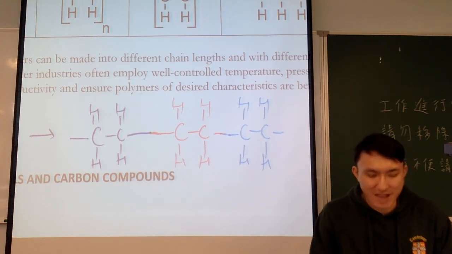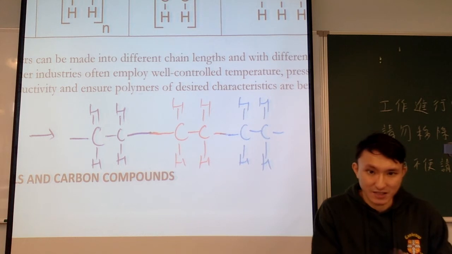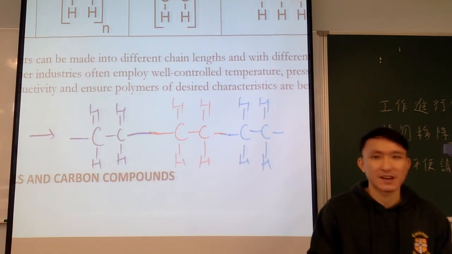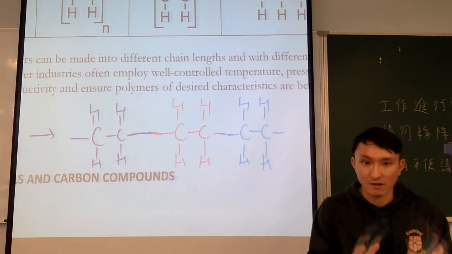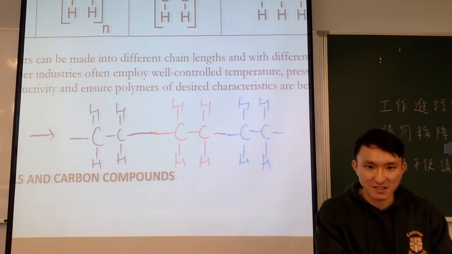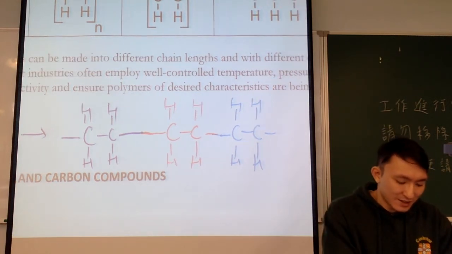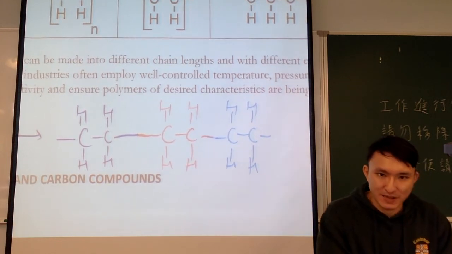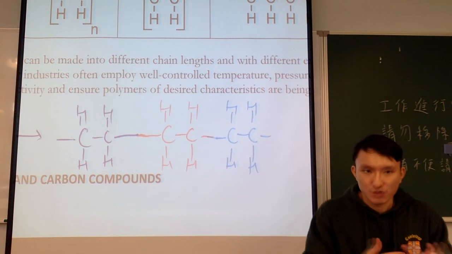In fact, the actual reaction does not take place exactly like this. It actually involves a free radical chain reaction, but those details are out of the syllabus. So in DSE, you can think about the reaction like this. Now, that will repeat. Then you may ask, hey, sir, to what extent does the reaction stop?